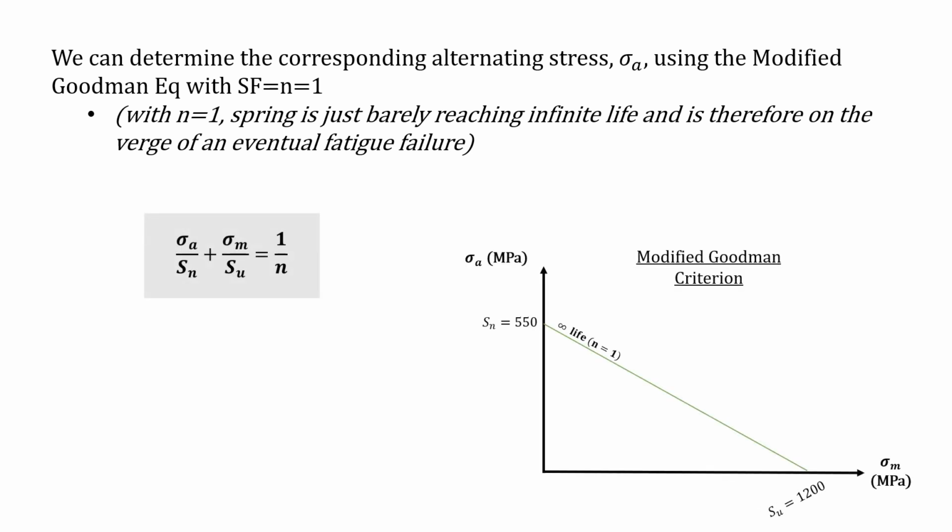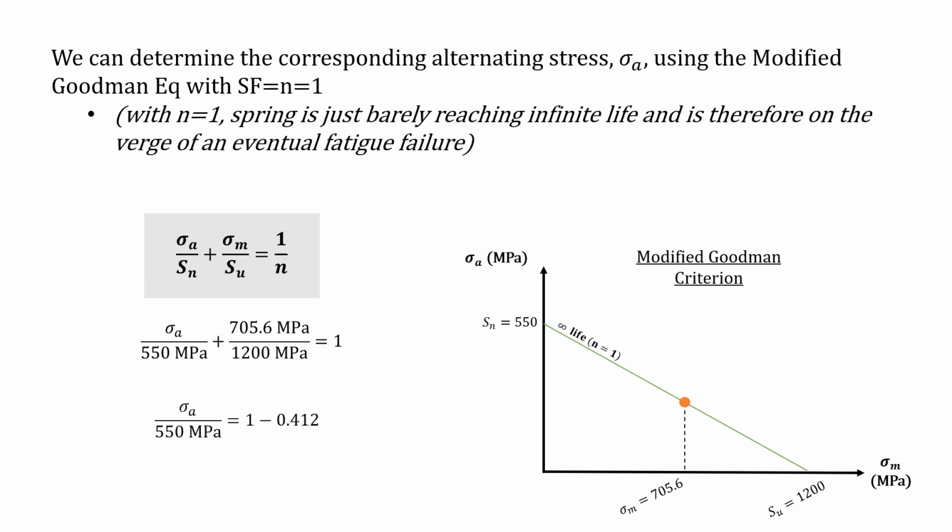We can use the modified Goodman criterion graphically on the right, or we can solve for it on the left just using the equation. So we have our mean stress at 705.6, and if we rearrange and solve for the alternating stress, we find that it equals approximately 230 megapascals, which you can find graphically as well.